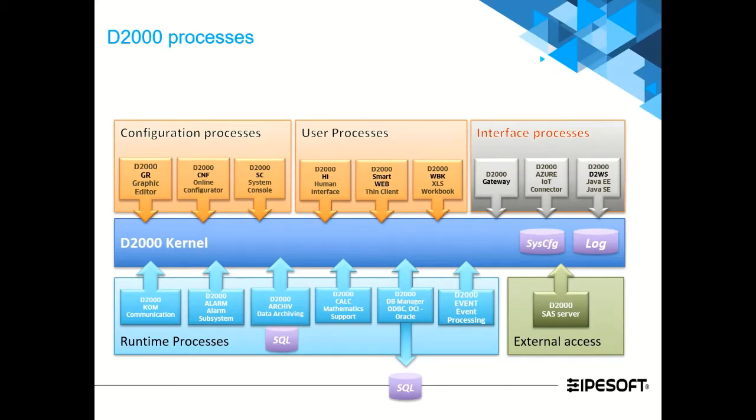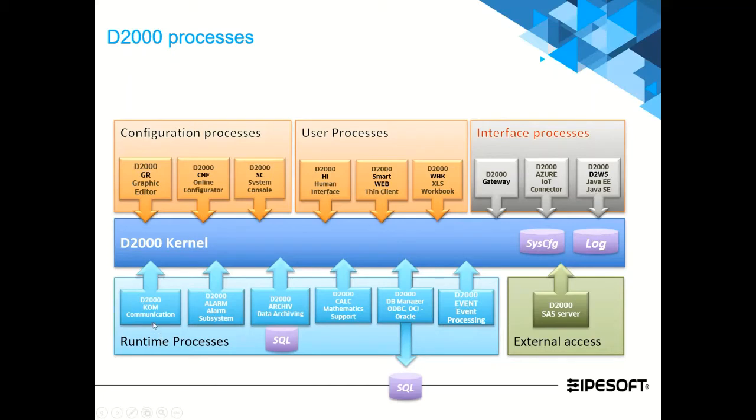There are OPC server, OPC UA server, there is the application manager, which we will be using in a short while to create an application. And there are also others. What's important, there can be multiple processes of any kind.